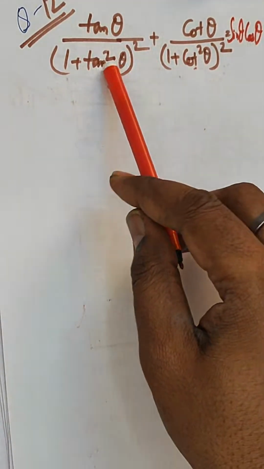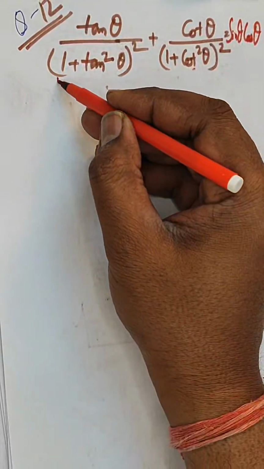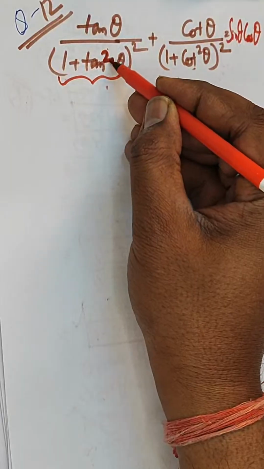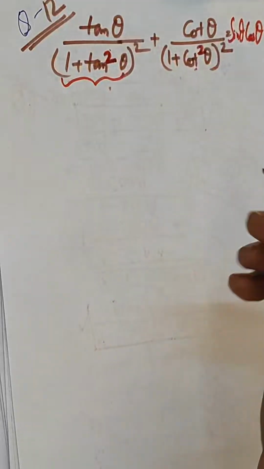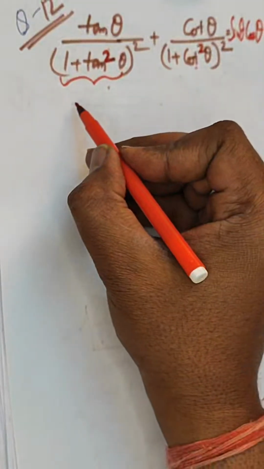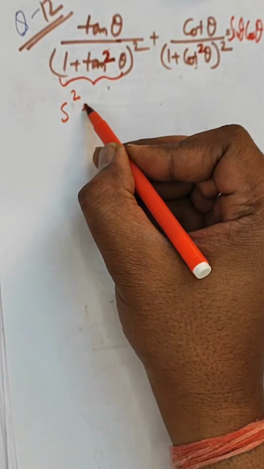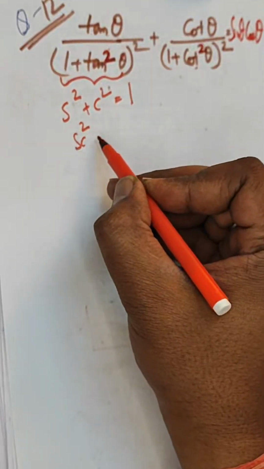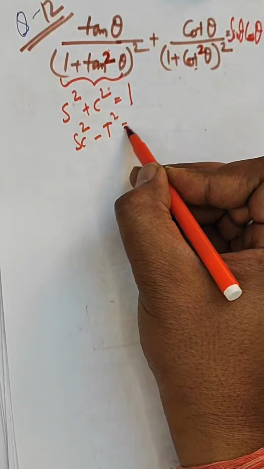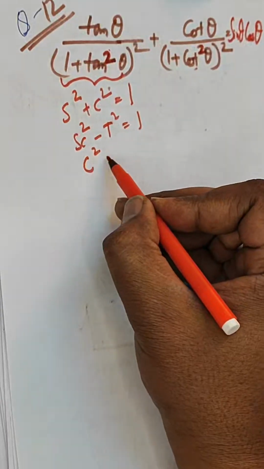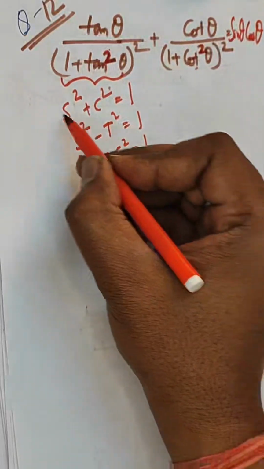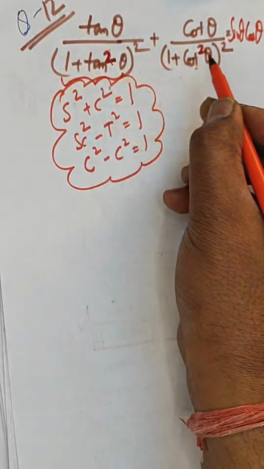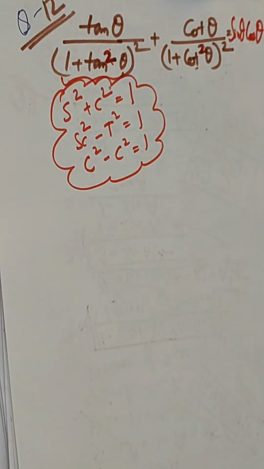So my dear friends, whenever you see 1 plus tan square theta, whenever this square comes in front of your eye, just recall the formulas: sine square plus cos square is 1, sec square minus tan square is 1, cosec square minus cot square is 1. This should immediately come to your mind whenever a square appears in your question, right?